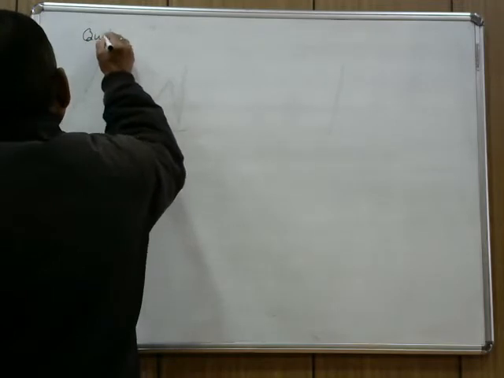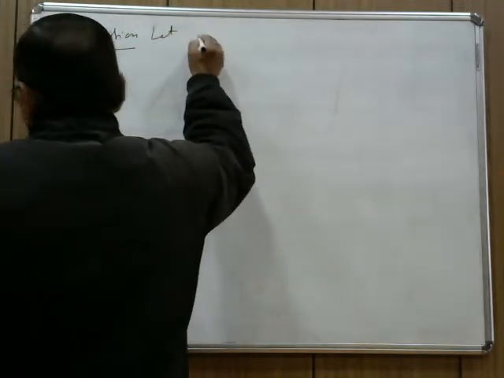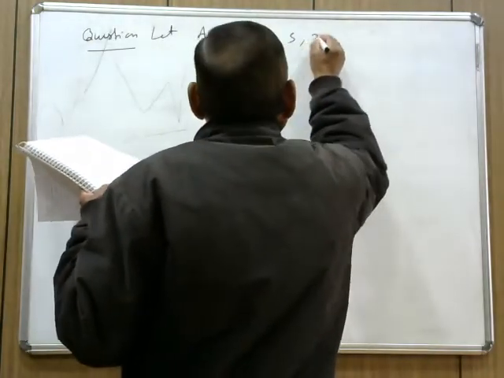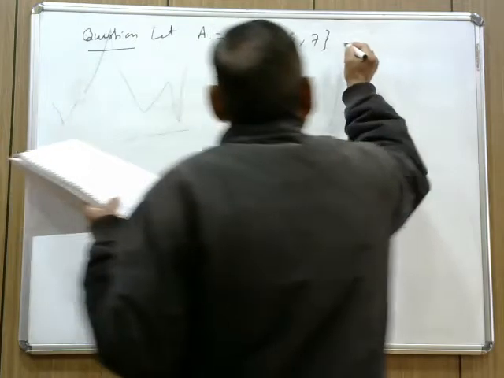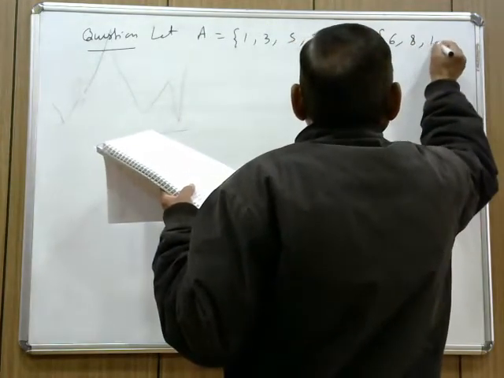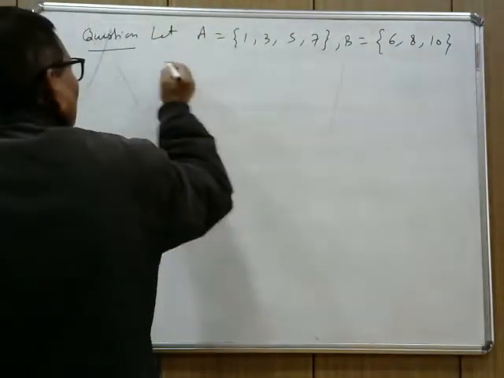Question. Let set A equal 1, 3, 5, 7. Set B equal 6, 8, 10.